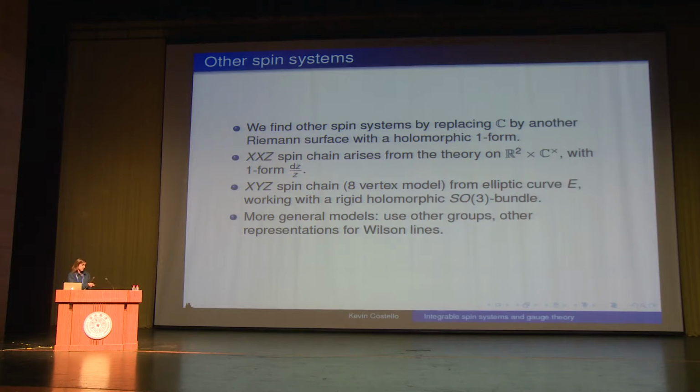And to see more general models, we'll just use some other gauge group and some other representations as the Wilson line. And this sees a wide variety of spin systems. So my personal conviction is that every aspect of these two-dimensional spin chain systems can be understood in terms of this four-dimensional theory, firstly.